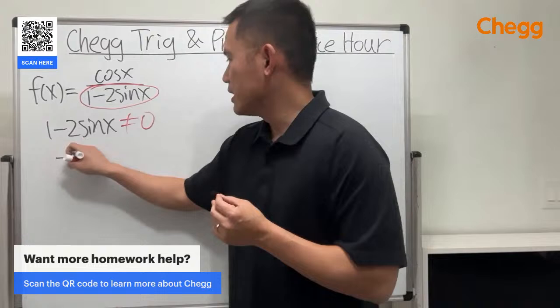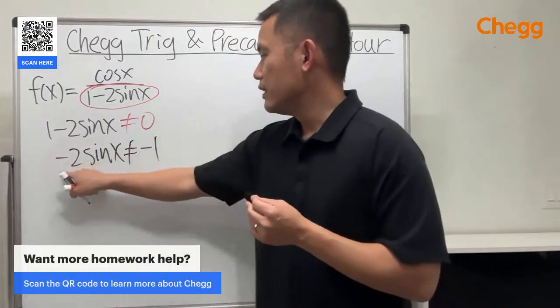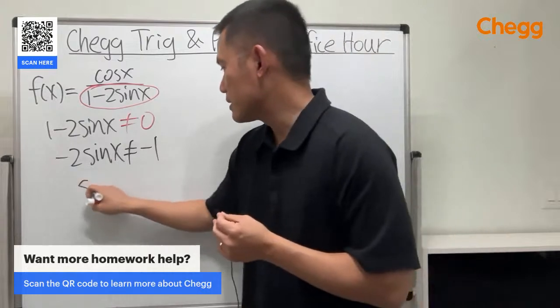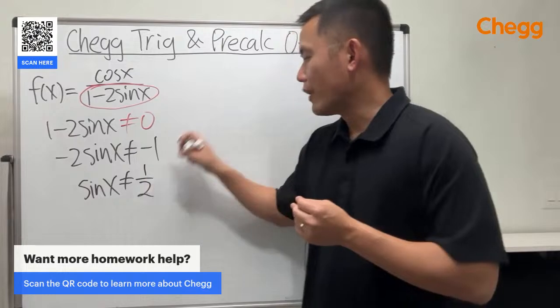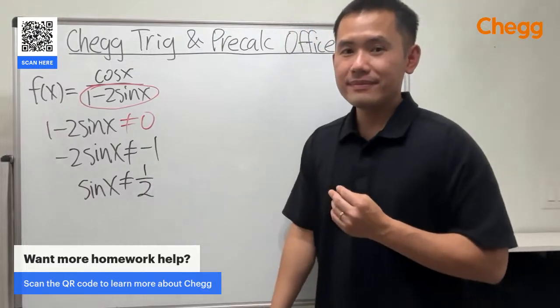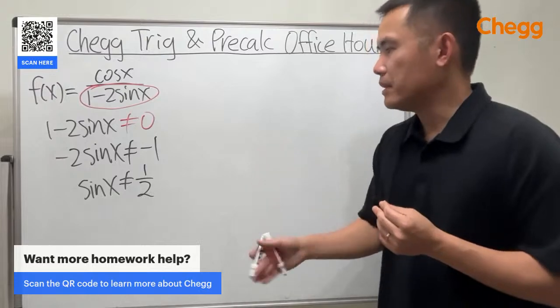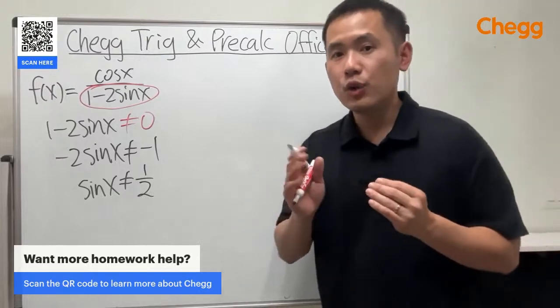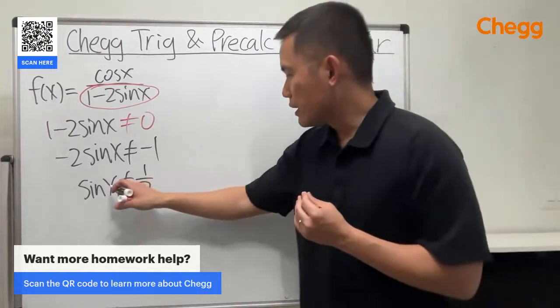I'm going to move the 1 to the other side, so it becomes negative 2 sine x cannot be negative 1. Divide negative 2 to both sides, that means sine x cannot be positive 1/2. Now, to figure out what x cannot be, I would like to do the reference triangle method.